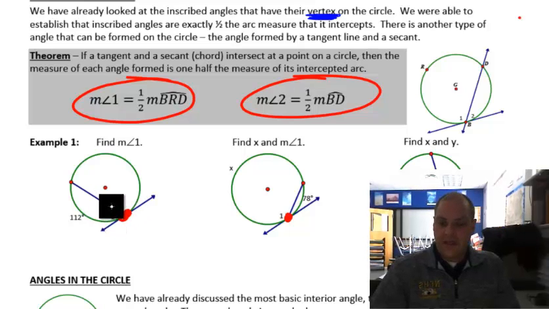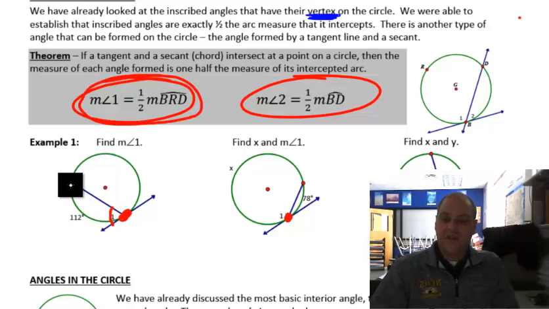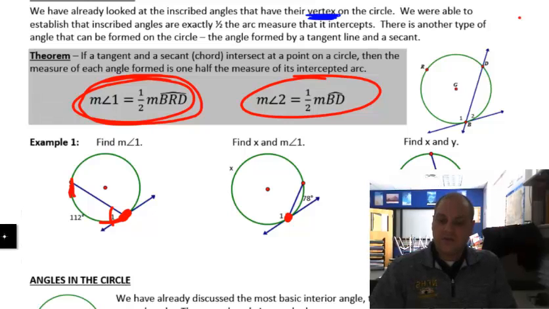Here's another one. Here is angle 1, and it's on the circle. So we're just going to follow the formula. It's just going to be half of the intercepted arc. The intercepted arc is 112. So let's write this out. The measure of angle 1 is going to equal 1/2 of 112.